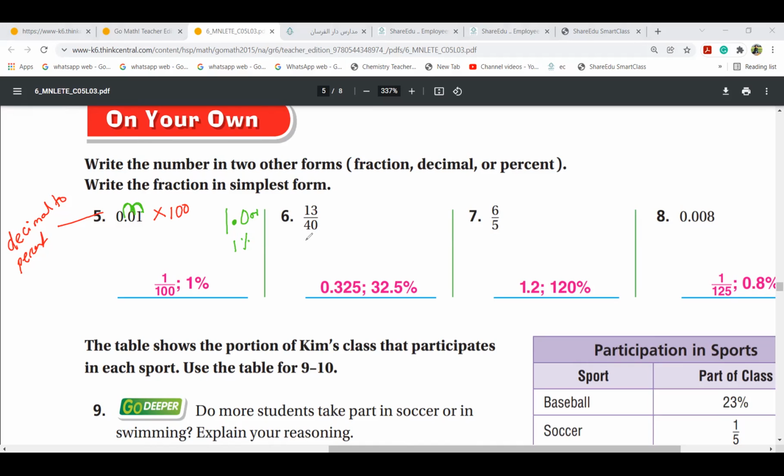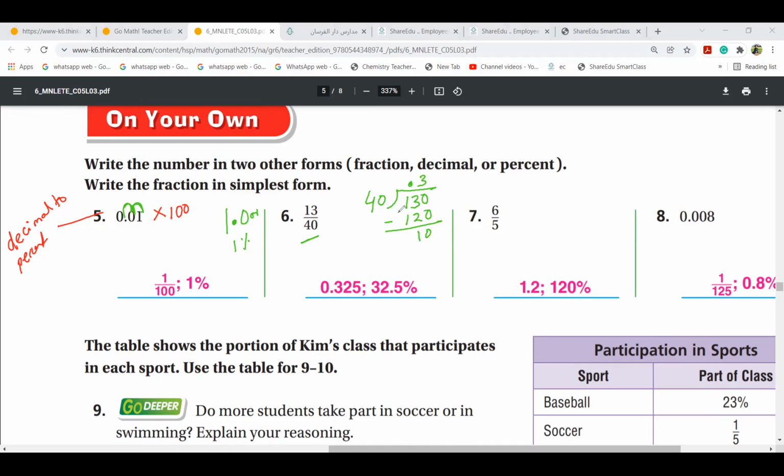Okay, girls. Fractions, you can even do this way. You can divide them: 13 and 40. If you cannot make this 100, I don't know how to make this 100, so I divide. I put a decimal point, I put a 0. 40 times 3 is 120.